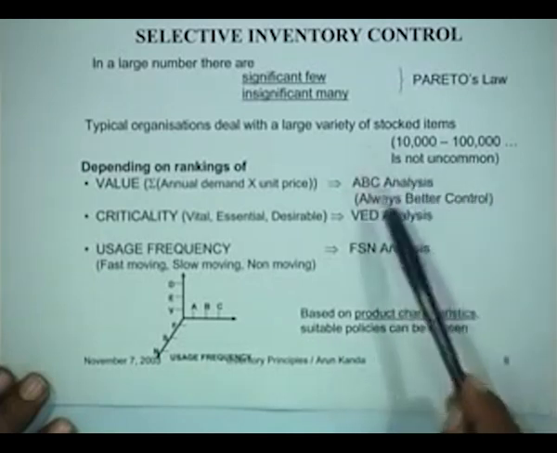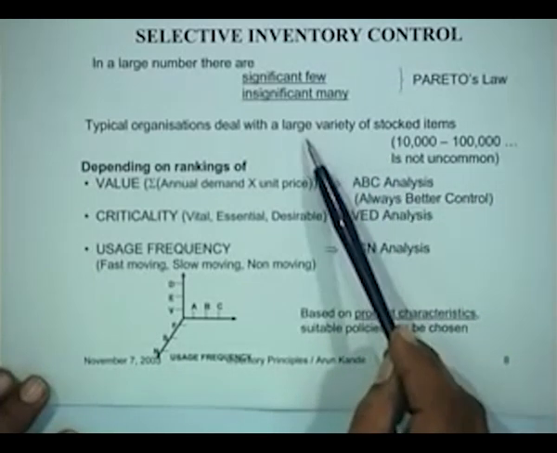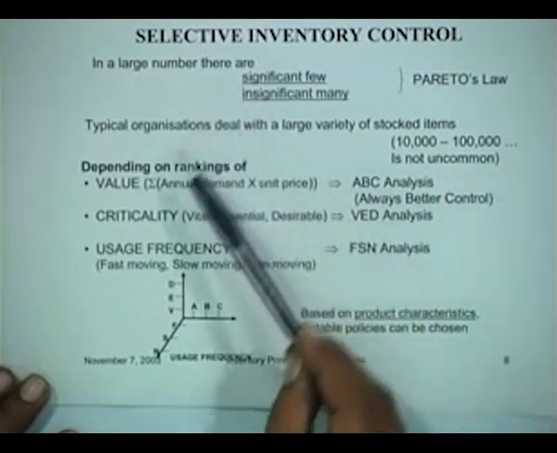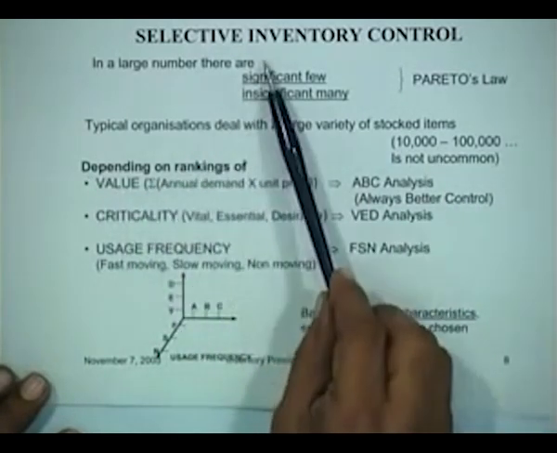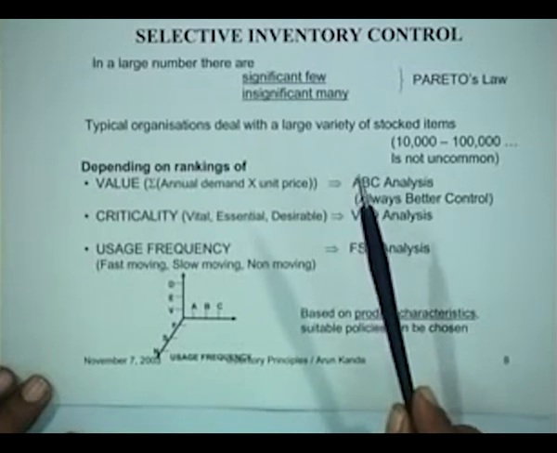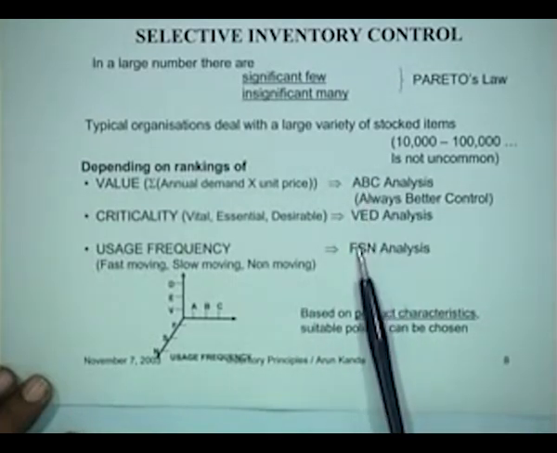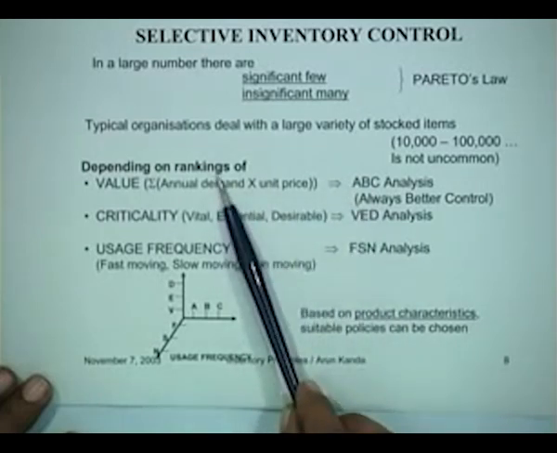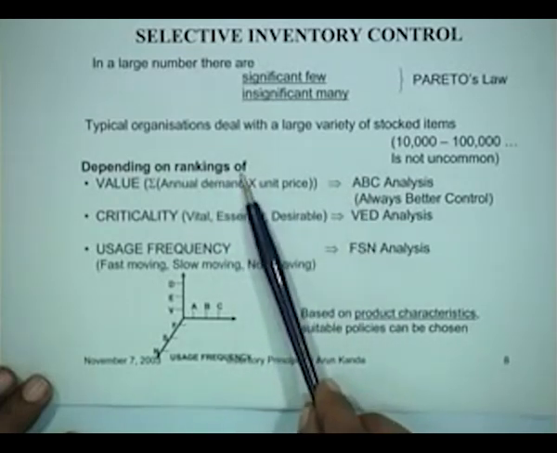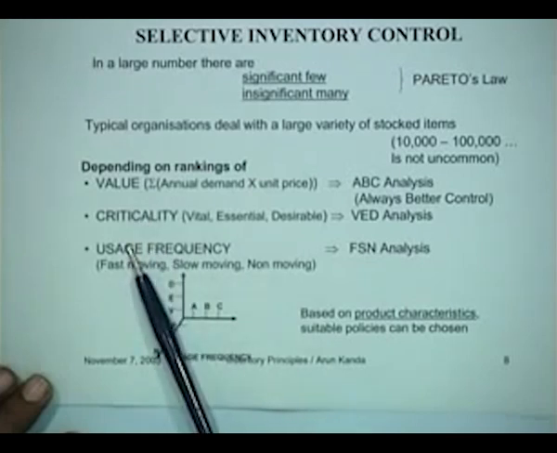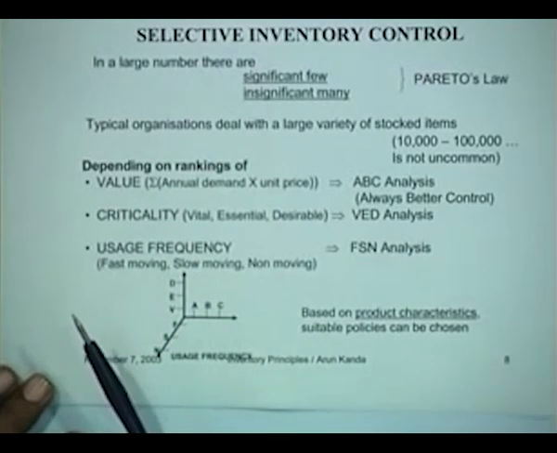So what we are trying to say is that you have a large variety of these stocked items. In this particular classification into selective inventory control, we talk of classification on three different terms. We can talk about classifications and rankings of the inventory on the basis of value, on the basis of criticality, and on the basis of the usage frequency.